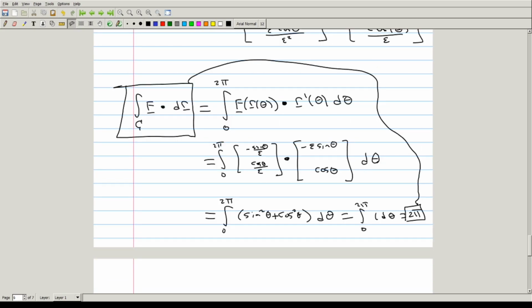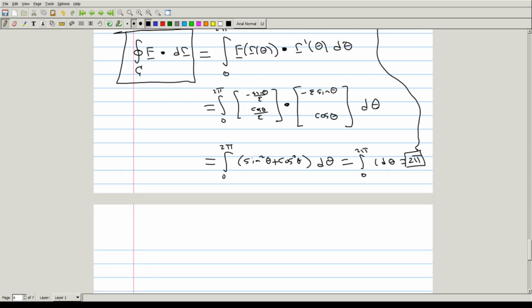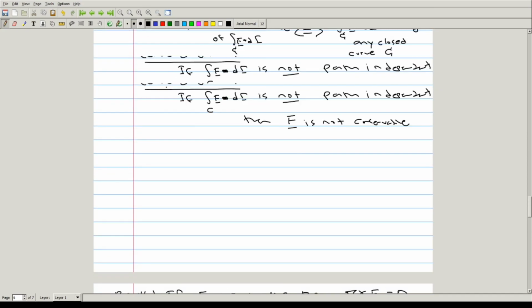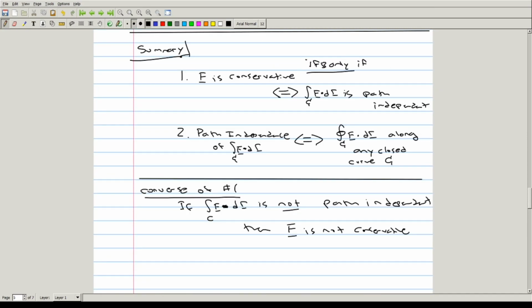I held off from mentioning this because I wanted you to think about it, but this path C is a closed path. It's the circle of radius epsilon, which is a closed path. This is a closed path that's giving us a non-zero line integral, right? And what that means, going back to our theorem, is that this is not path independent.